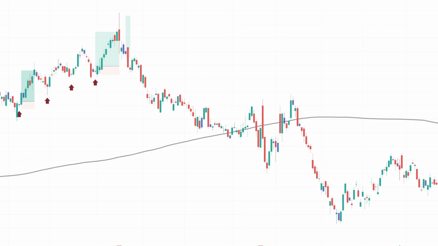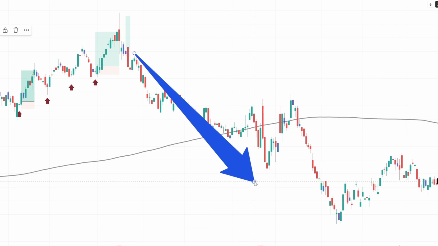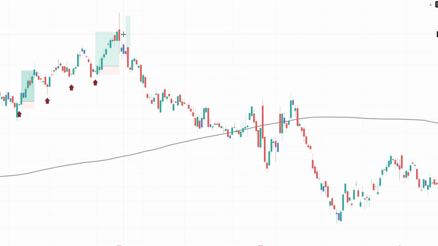And you can notice that the stock never recovered. It kept going down. Imagine the loss if you had not put a stop loss.